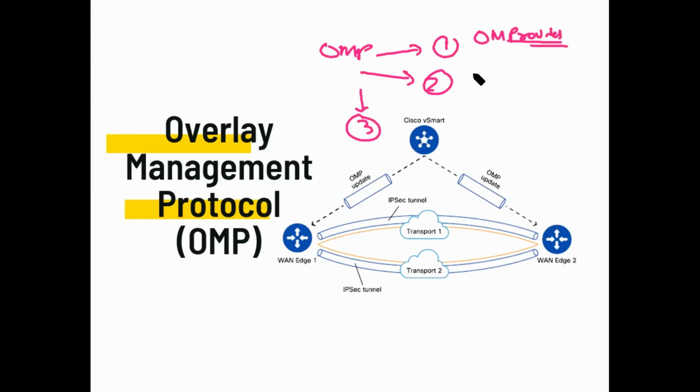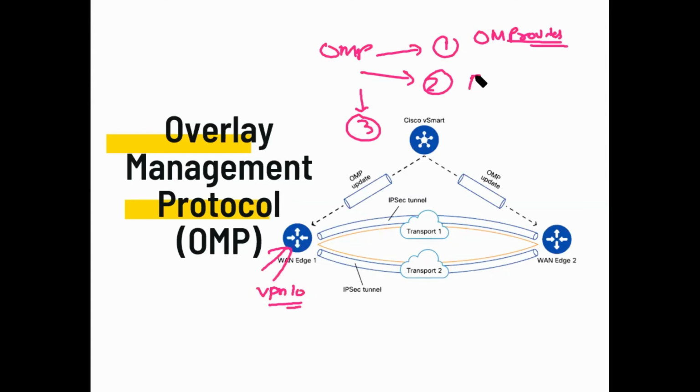These are the prefixes which are provided by your WAN edge devices, like I was saying, it can be your VPN 10, VPN 20, VPN 30, something like that. So those prefixes learned from your local site are redistributed into your OMP so that they can be carried over your overlay, and your OMP routes are advertised through your TLOC, right?